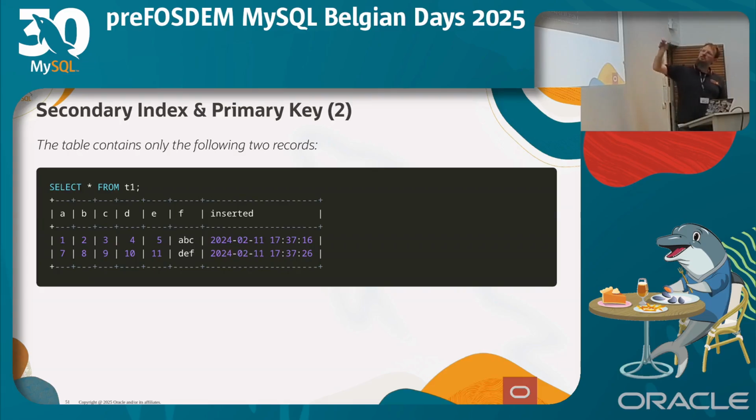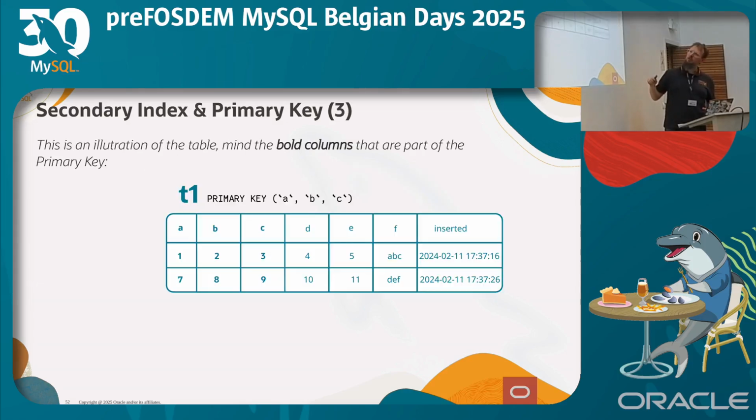So we have these two records only: 1, 2, 3, 4, 5, and then 7 to 11, ABC and DEF. The table looks like this, and the primary key is the bold columns here: 1, 2, 3, 7, 8, 9.